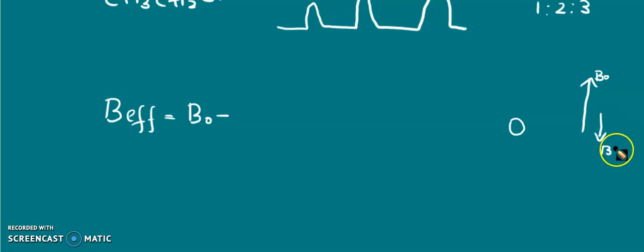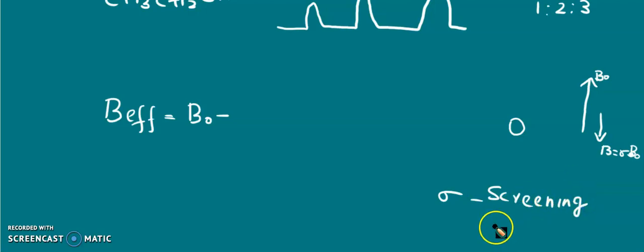This magnetic field due to the electrons is equal to sigma times the applied magnetic field, where sigma is a dimensionless constant called the screening constant or shielding parameter.